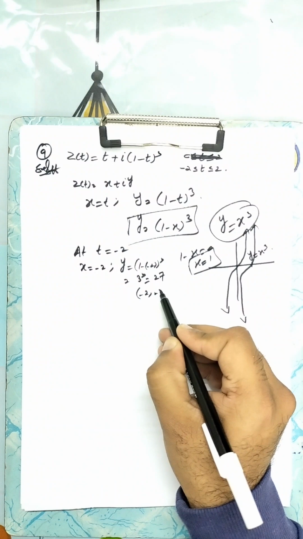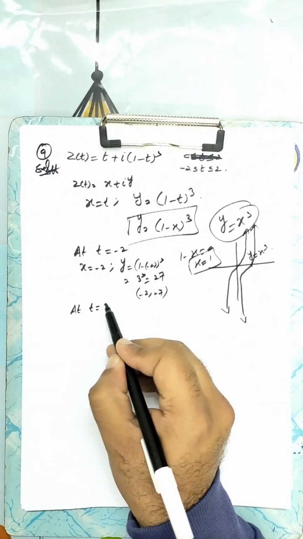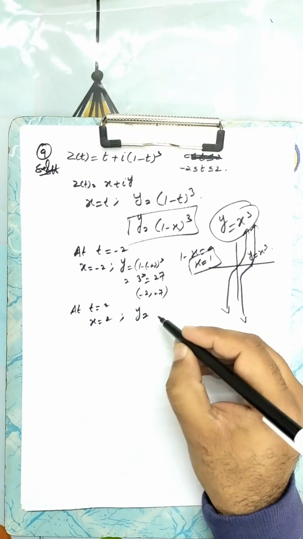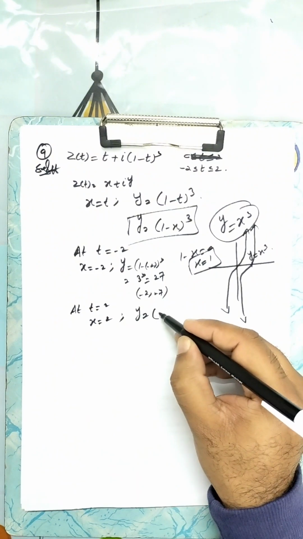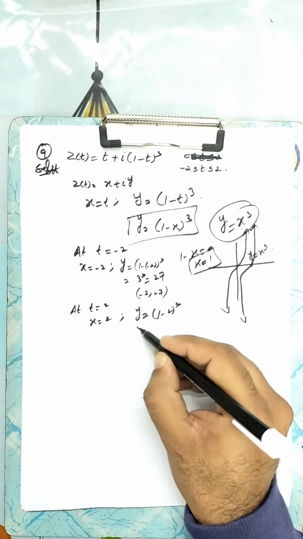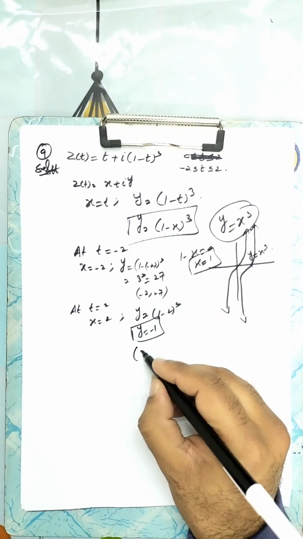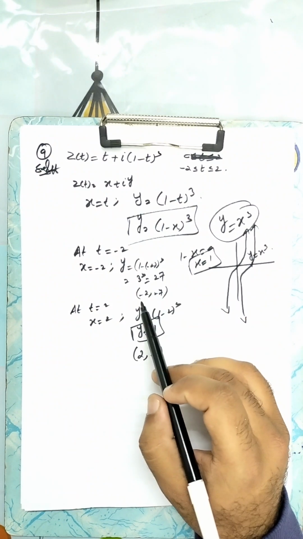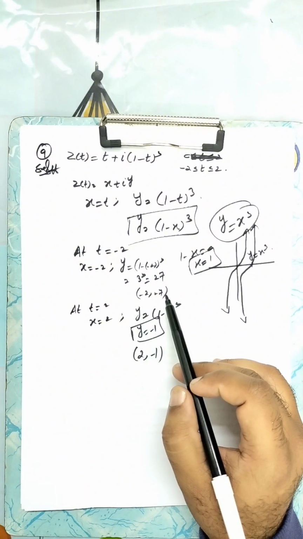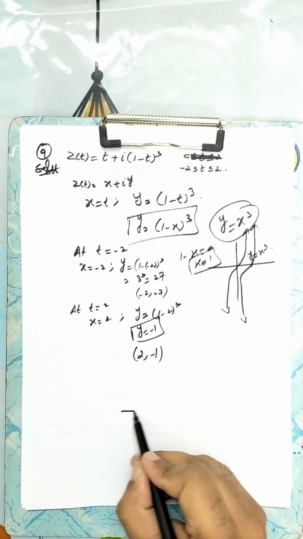So (-2, 27), and the ending point is at t equal to 2. Again x is equal to 2, and y is equal to (1 - 2)³, which is -1. So this is (-2, 27), and this is (2, -1). So at x equal to -2, y is equal to 27.